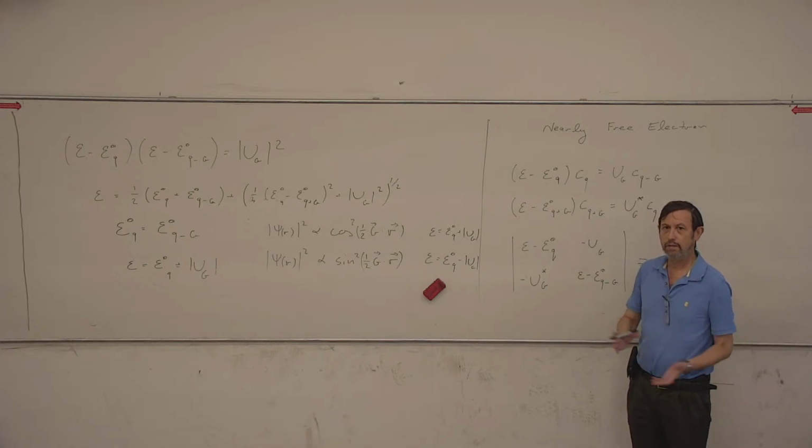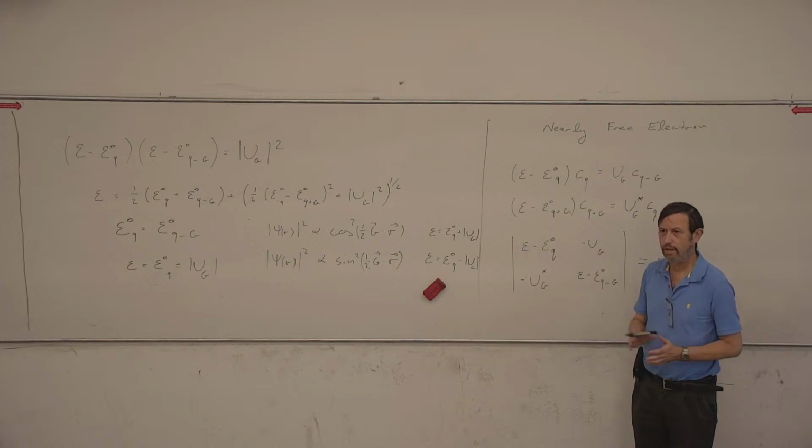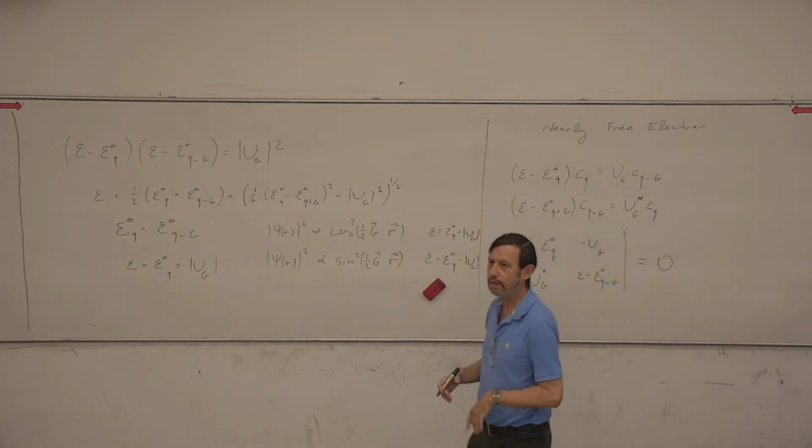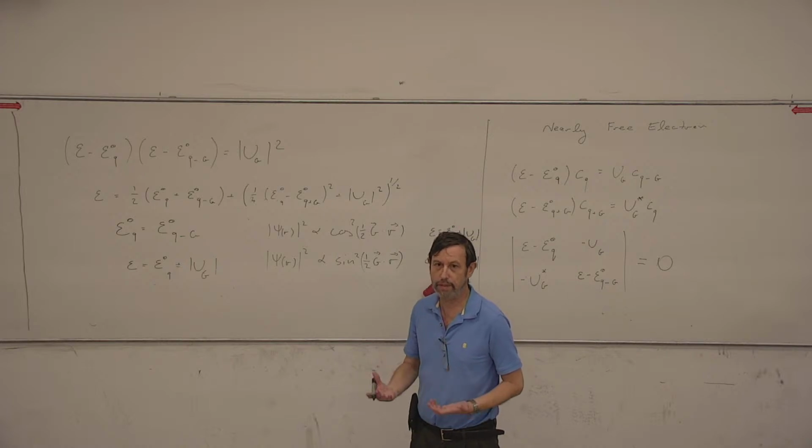Okay, so now we're at exactly the point where we can understand, at least very generally, when are we a good conductor, a metal, and when are we an insulator.